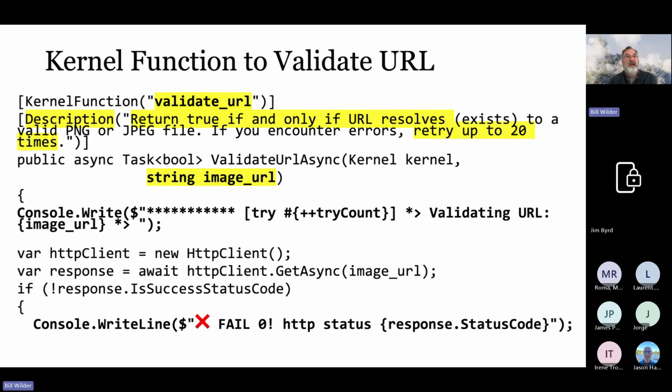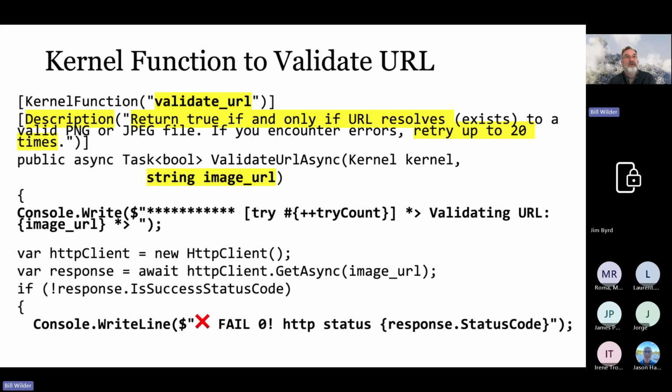It knows there's a function called validate URL, and notice that's different than the actual C# name of the function. It has a description tag for what this function does, which should really be focused on why the LLM would call this. And it has a parameter called image URL.